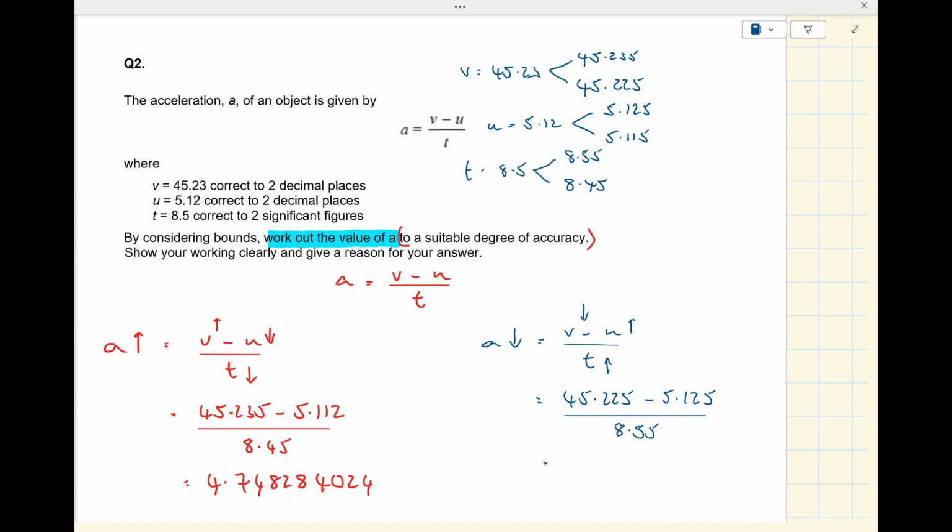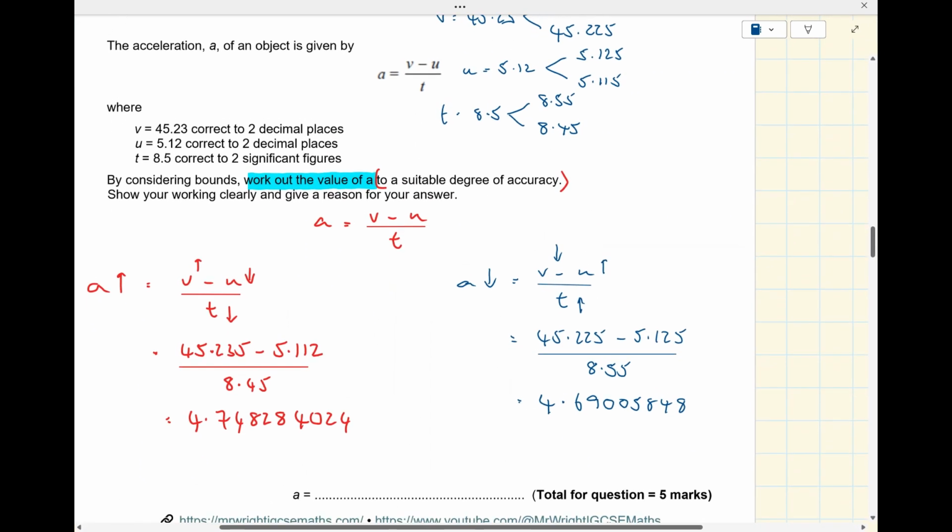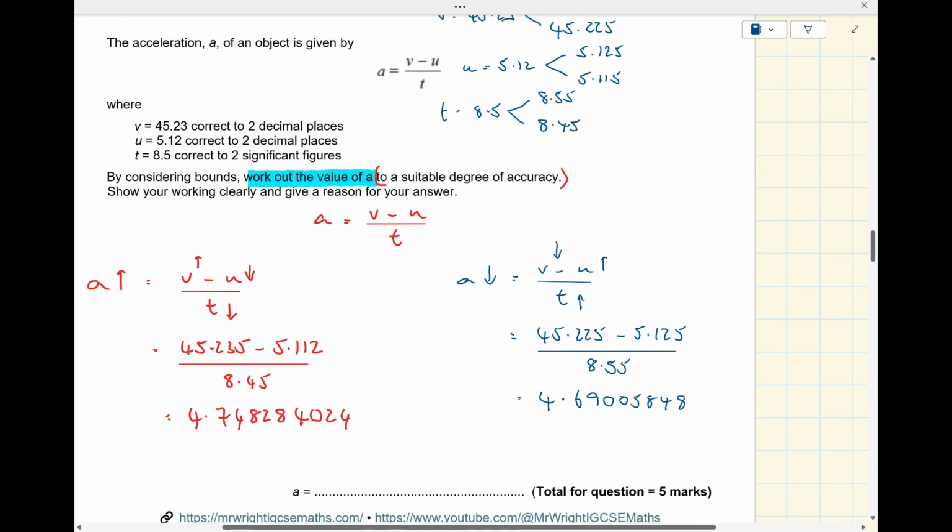Let's work out what that is. 45.225 minus 5.125 all over 8.55 gives me 4.69005848. Now, in this question, I'm asked to work out the value of A to a suitable degree of accuracy.